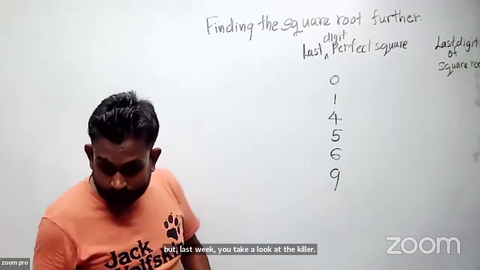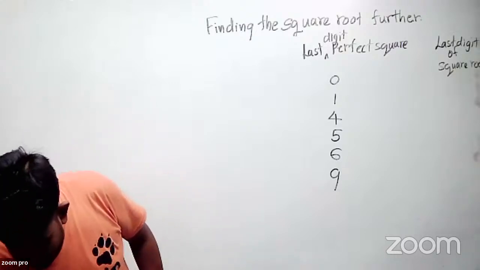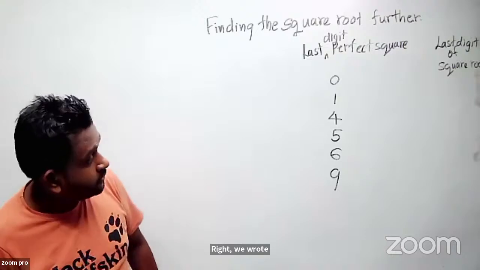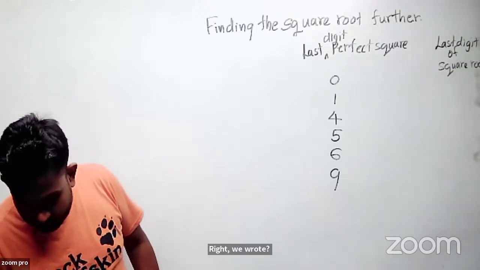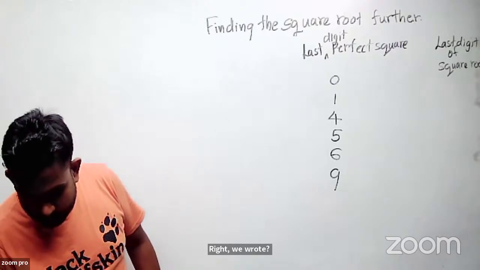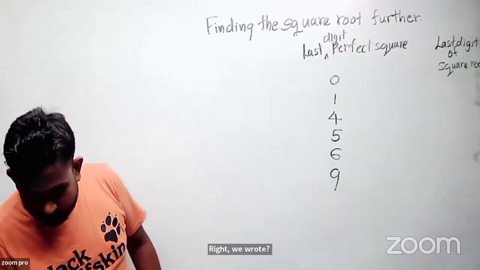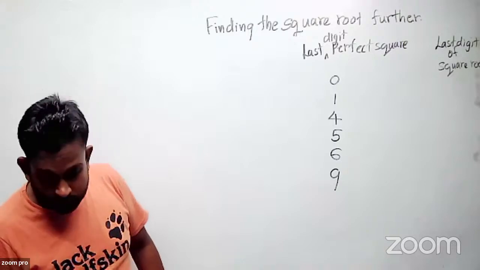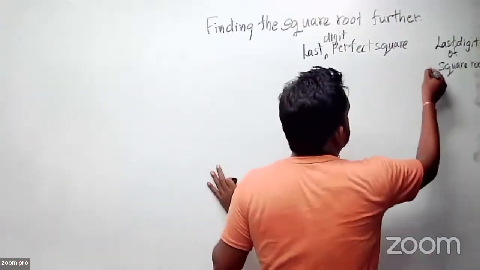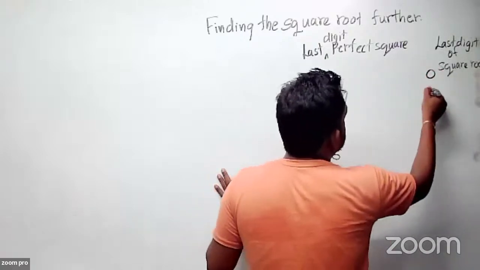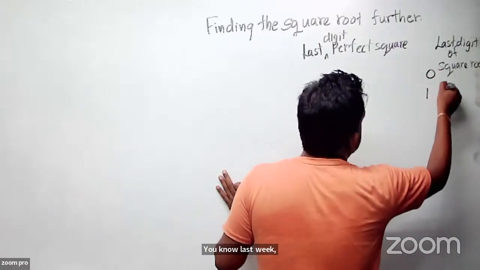Right, we wrote 0. Last digit 0, 1 means 1 into 1.